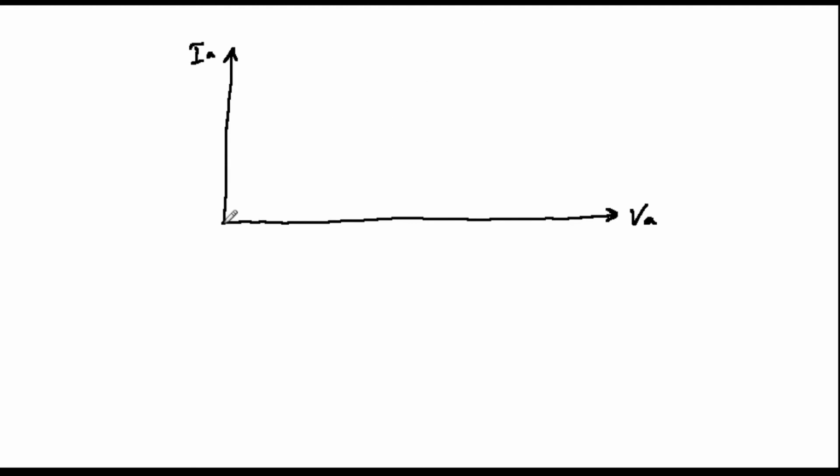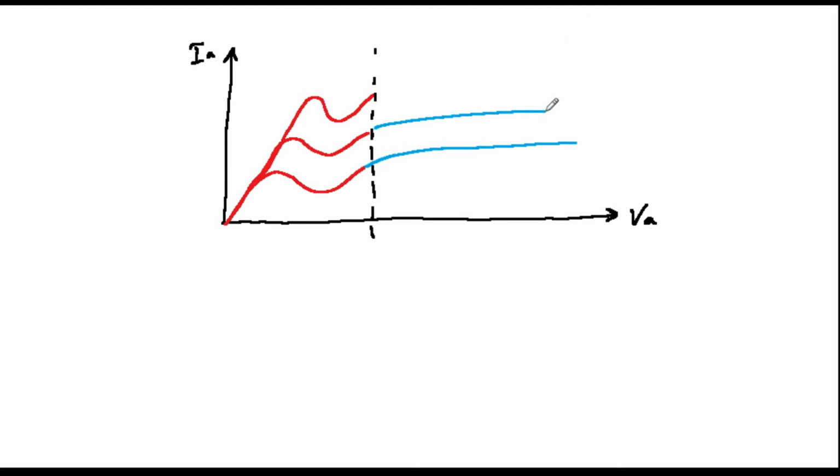CK. The characteristic of a tetrode is an improvement over that of a triode, and looks like that shown on the screen. We would operate a valve in region A on the graph. Notice the weird kink in the characteristic in region B. This kink has to be avoided, in normal use anyway, and is caused by secondary emission of electrons from the anode.